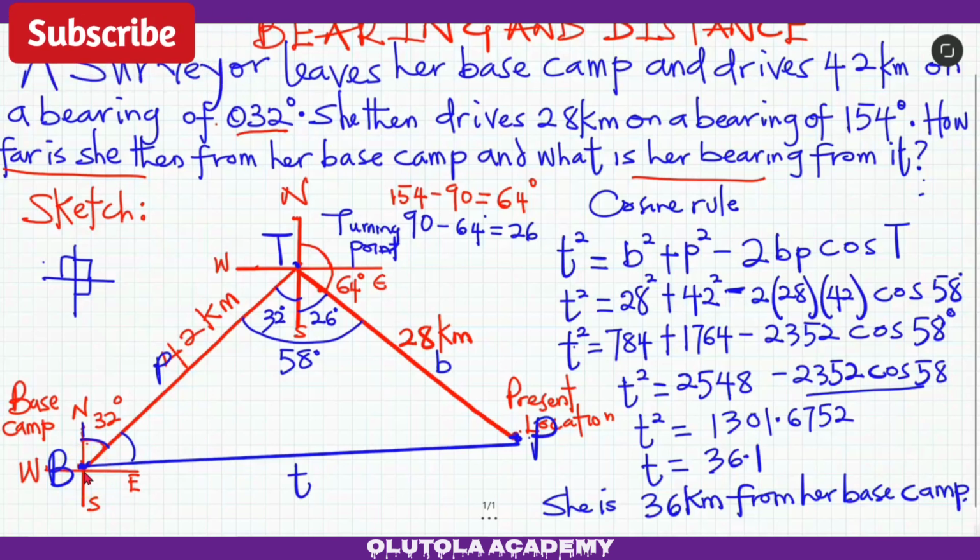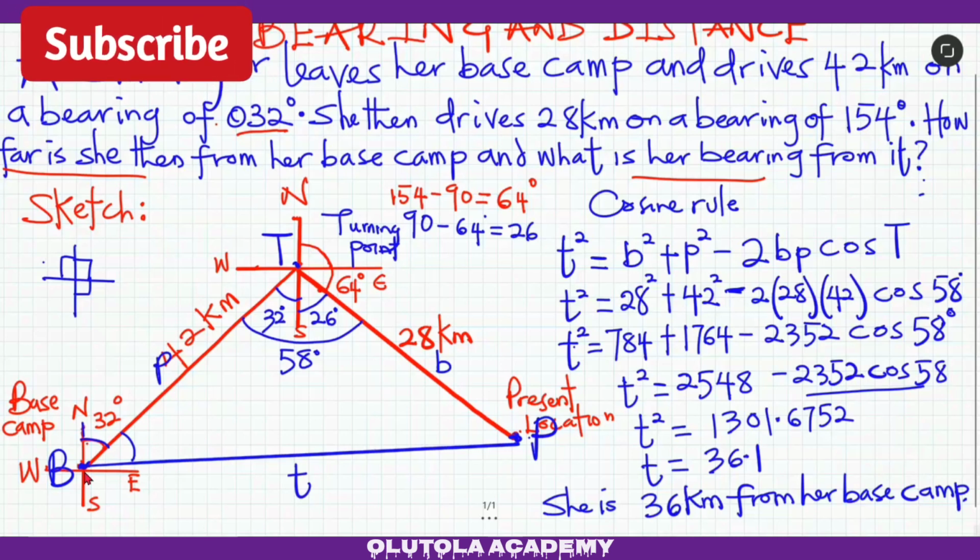We read from the north, and don't forget the bearings in the question were given in three figure bearing, so it's expected that we also give the answer in three figure bearing.